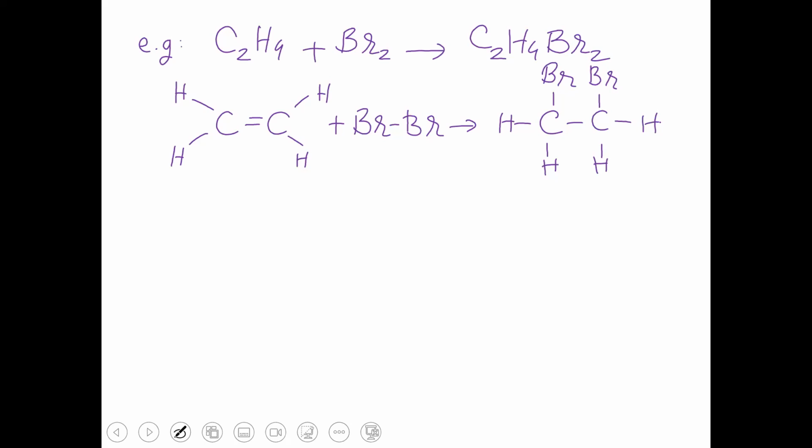Look at this. This is called bromination of ethene. So that was a famous reaction in AS. Its mechanism was also there.